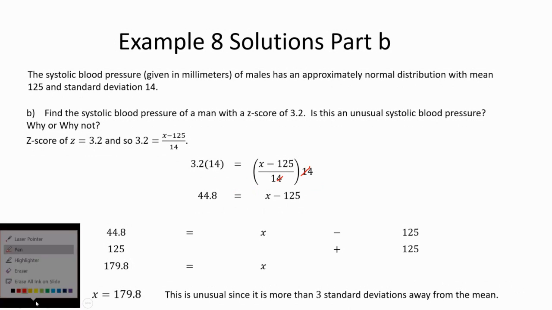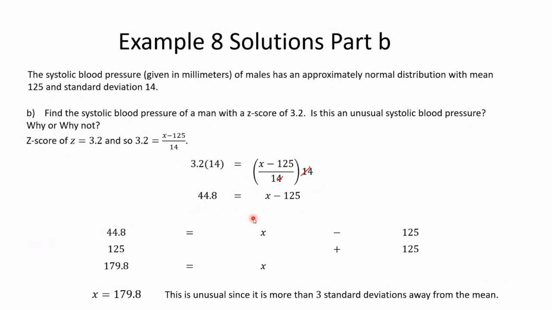Okay, so what comes next? Well, next, what we do is we add 125 to both sides. Right? Because again, we want x all alone on one side of the equal sign. And by doing that, we get 179.8 equals x.